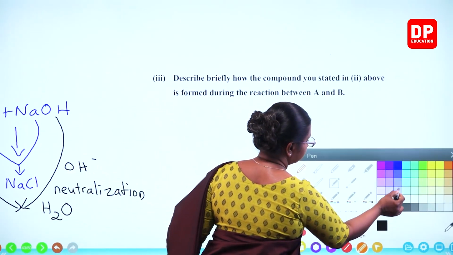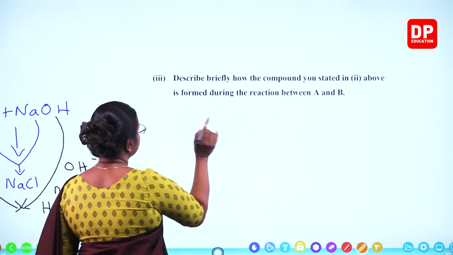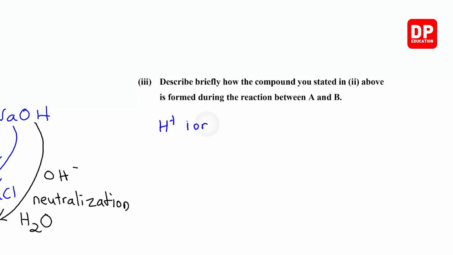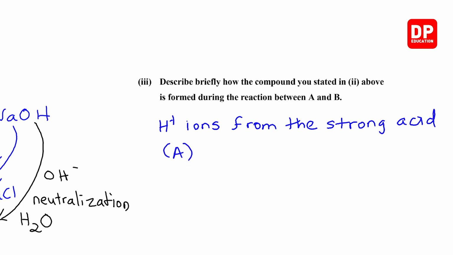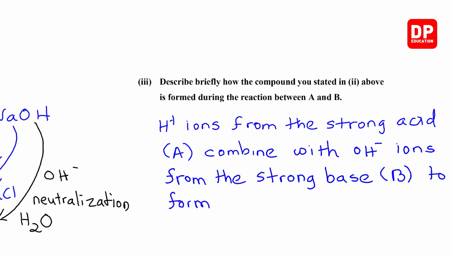So here, describe briefly how the compound you stated in 2 above is formed during the reaction between A and B. We can say H plus ions from the strong acid, or you can say A, combine with OH minus ions from the strong base, that is B, to form water, that is H2O.